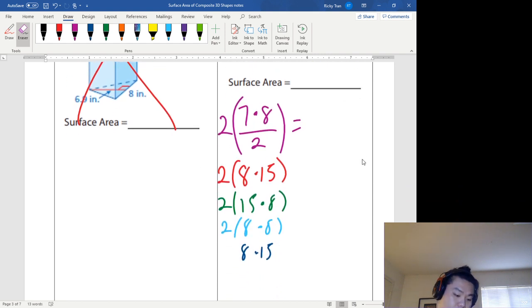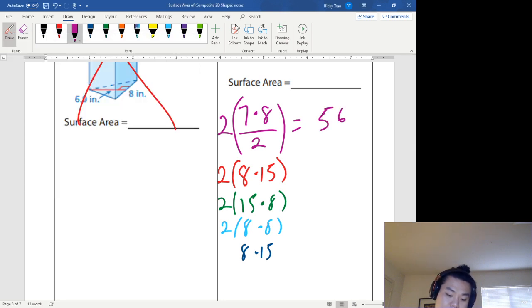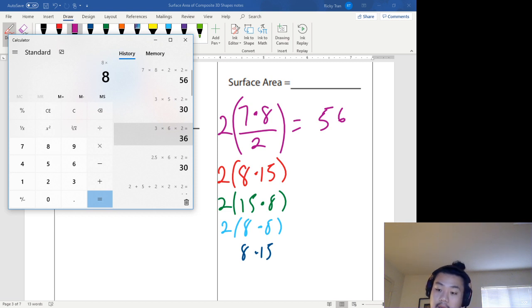Okay, so let's put it in the calculator. 7 times 8 divided by 2 times 2, which is just 7 times 8, 56. Then we have 8 times 15 times 2, which is 240.